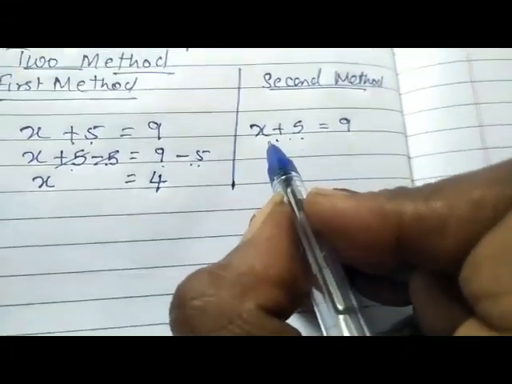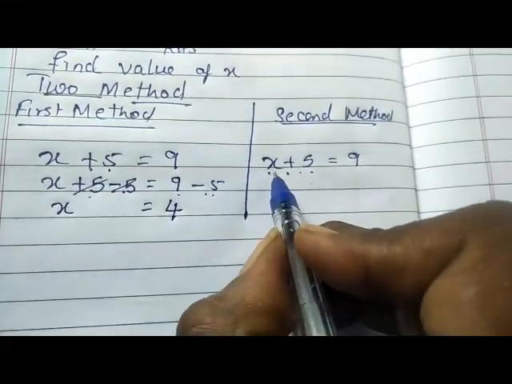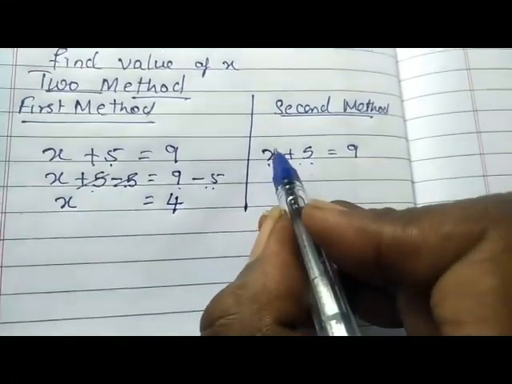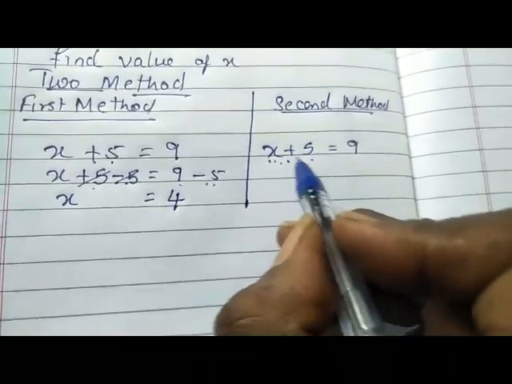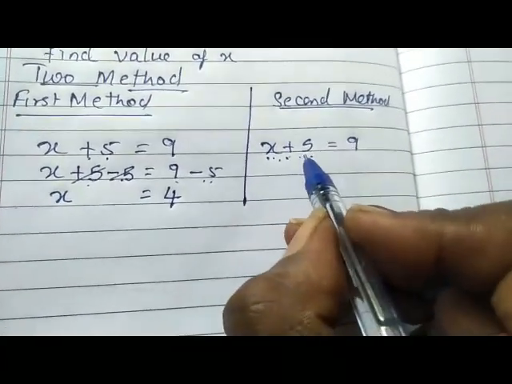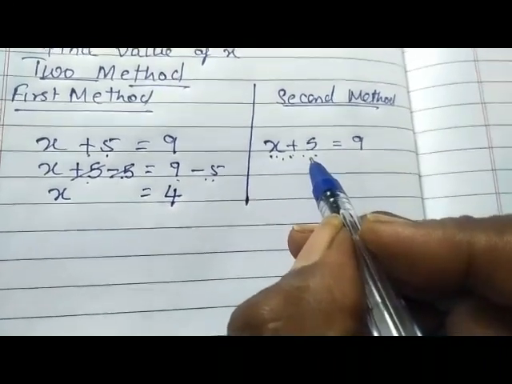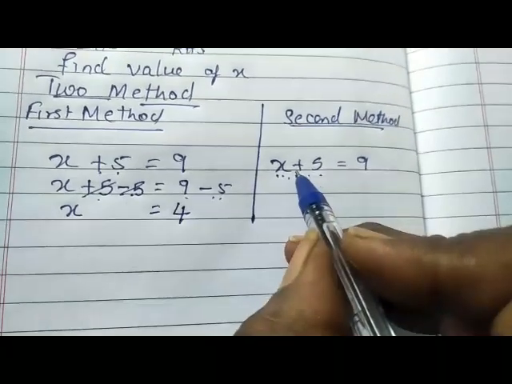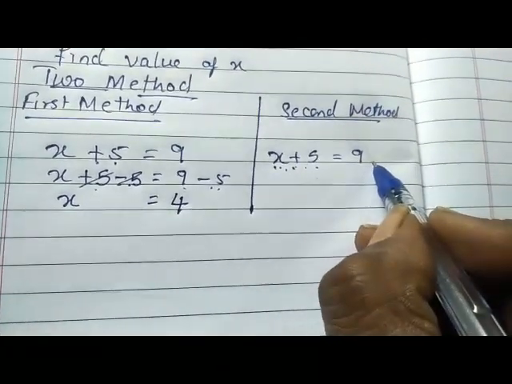Because we want to find the value of x, and that x is on the left hand side. So on the left hand side, only the x should be there. Whatever number is on the left hand side, that should be removed. Now what is the opposite of plus 5? Yes, it's minus 5. So this minus 5 should be subtracted on the right hand side.